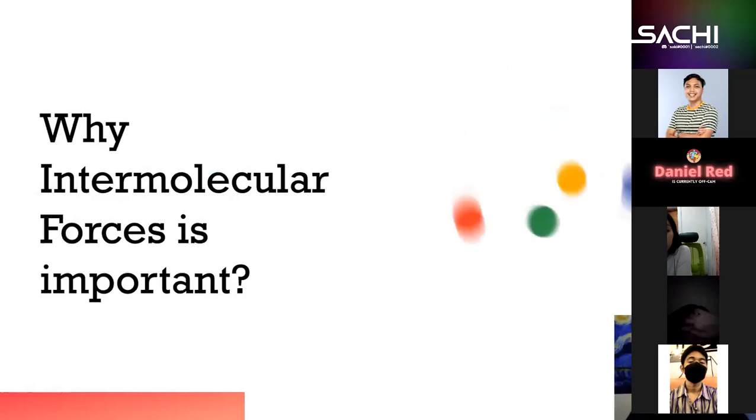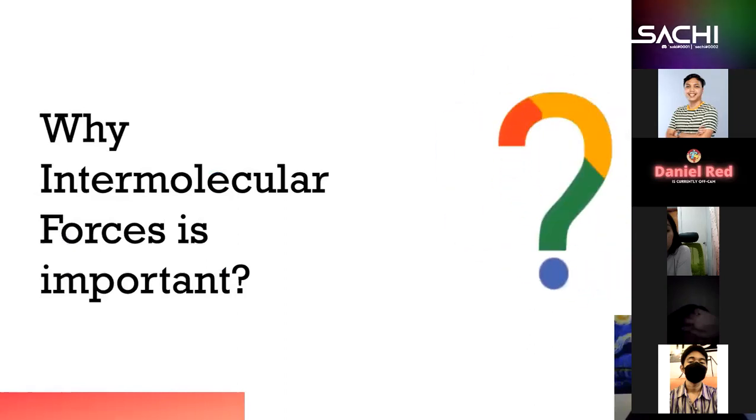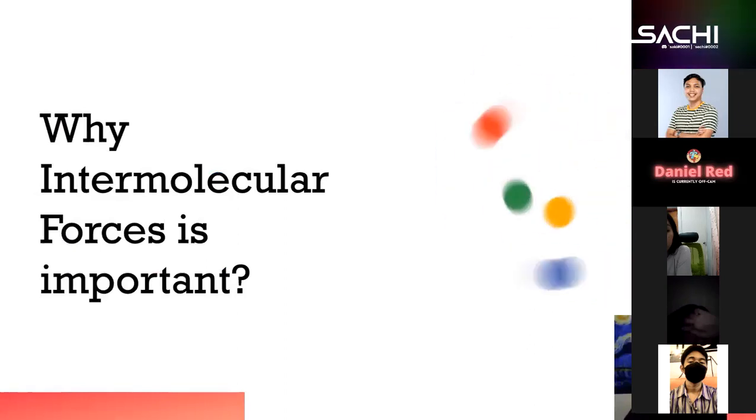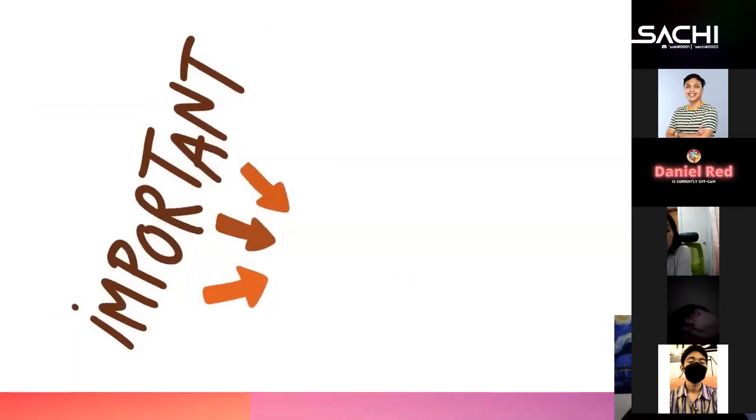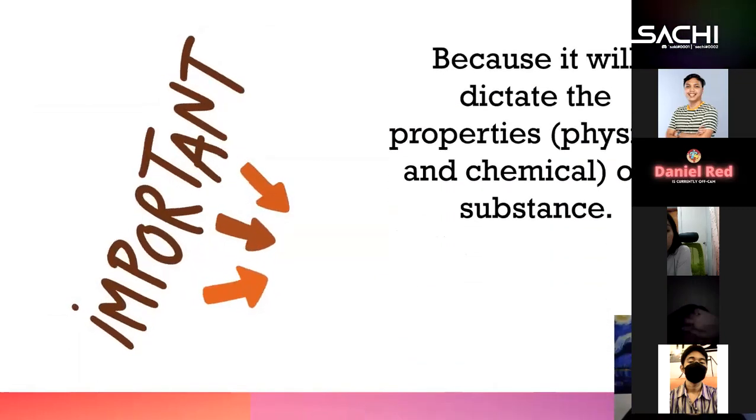Next question is, why are intermolecular forces important? Always remember that because of intermolecular forces, it dictates the physical properties or the chemical properties of a substance, whether the substance will become adhesive, cohesive, or have a viscosity and so forth. So that is how intermolecular forces are important.